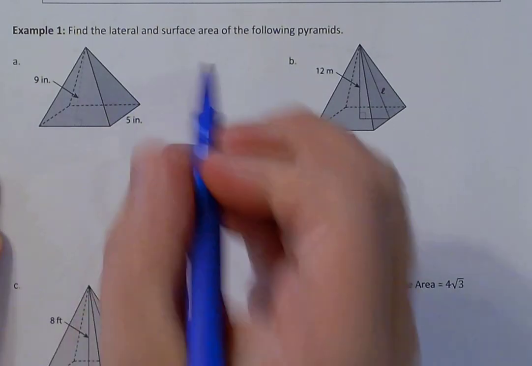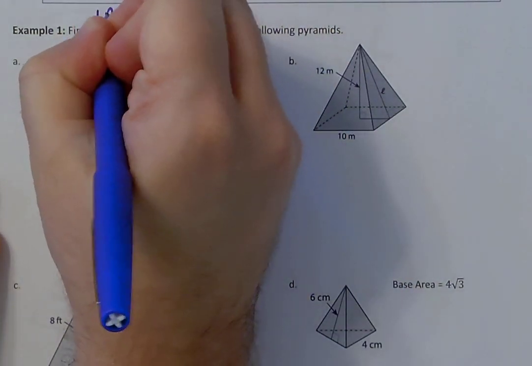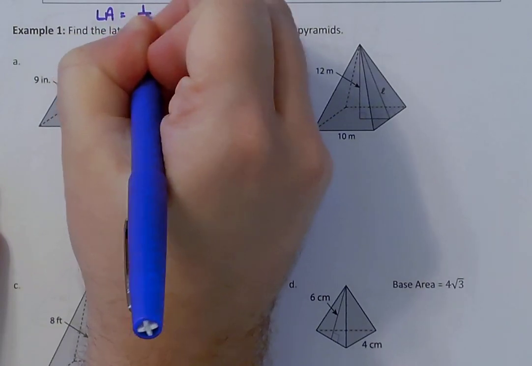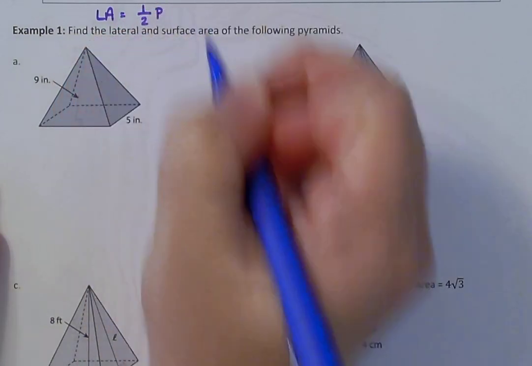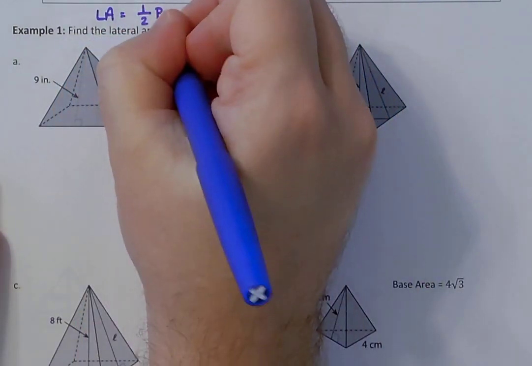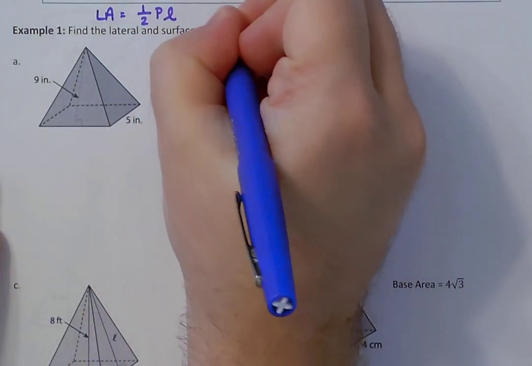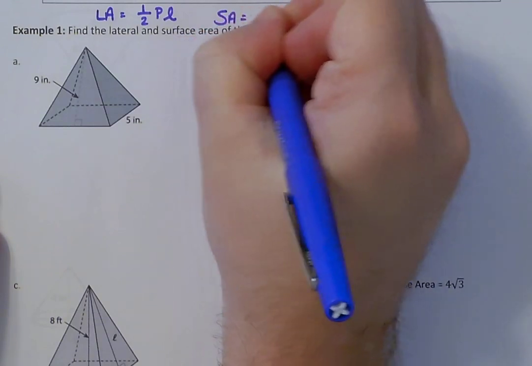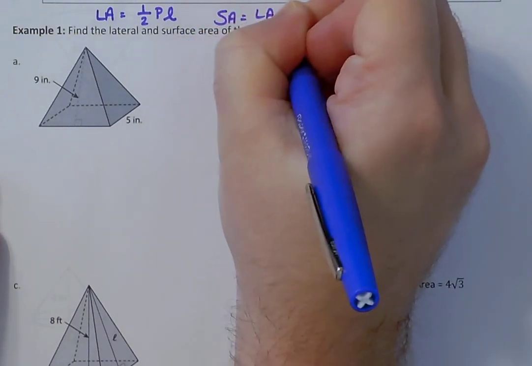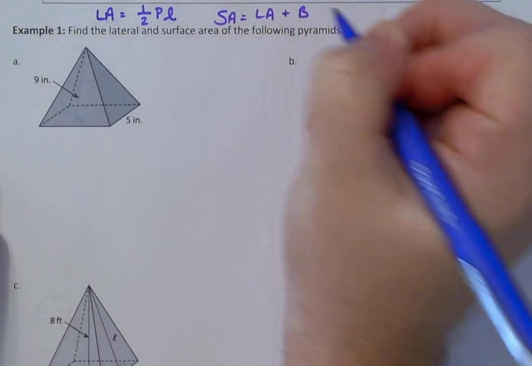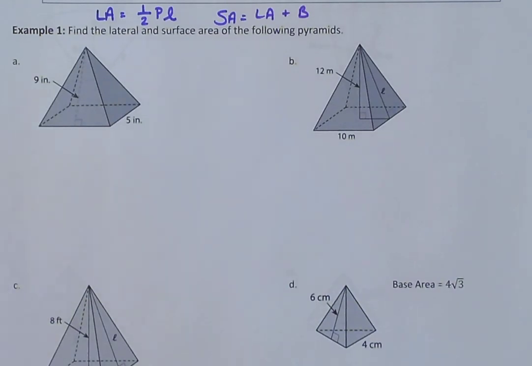So remember that lateral area is 1/2 times the perimeter of the base times the slant height. Then surface area is equal to the lateral area plus the area of the base.